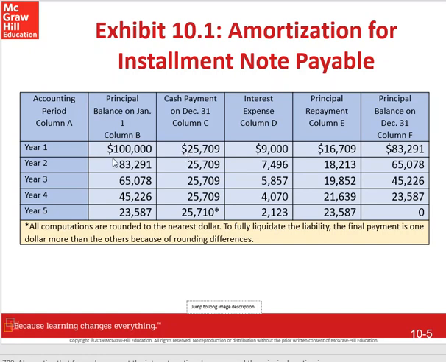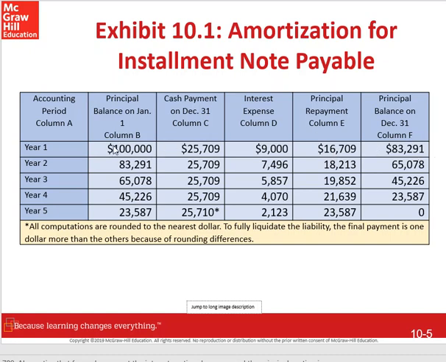So we're going to take the principal of $100,000 times the interest rate, which was 9%, and we get $9,000. So the first $9,000 has to be applied to interest, and then the rest, 25,709 minus 9,000, so the rest being 16,709 gets applied to principal and goes to pay down our principal balance.